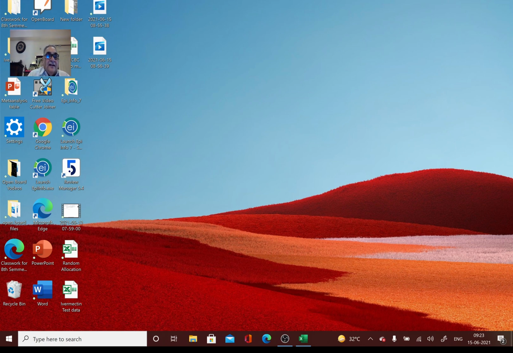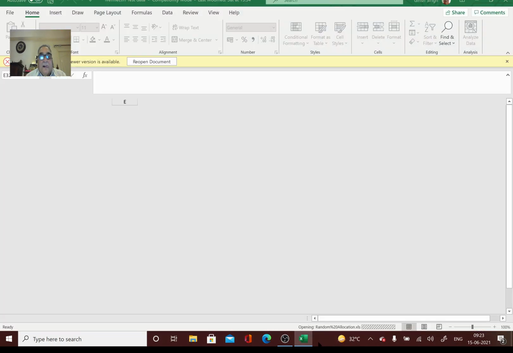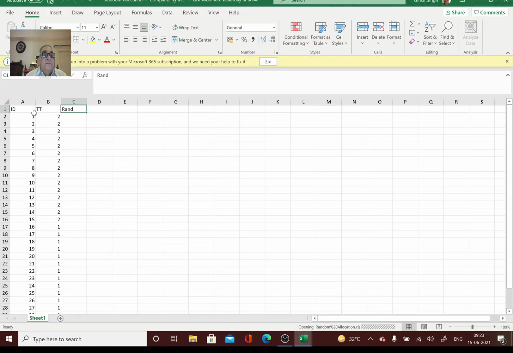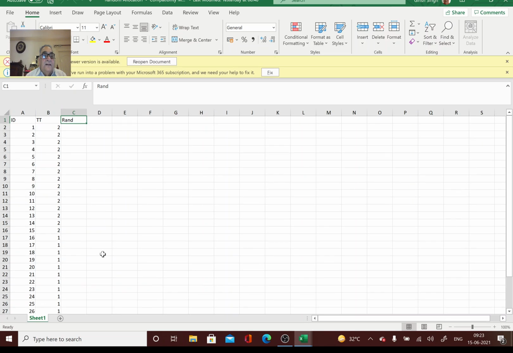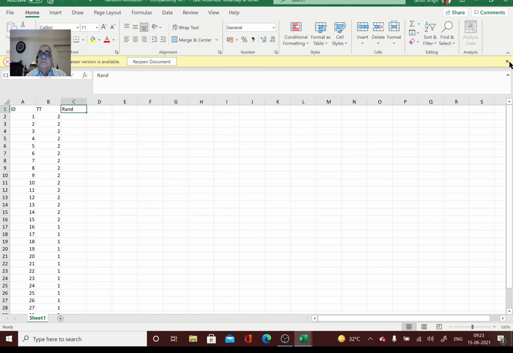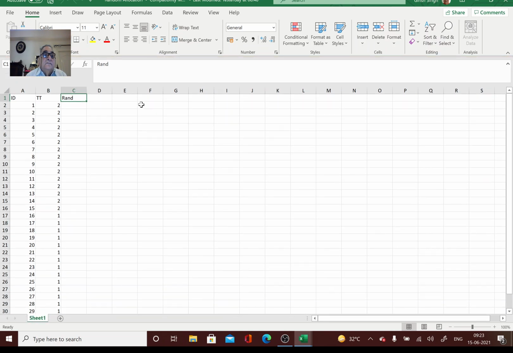Then I will show you how to randomly allocate to treatment groups. You see, these are our 30 patients. And we have to allocate 15 to treatment control and 15 to the Ivermectin plus group.